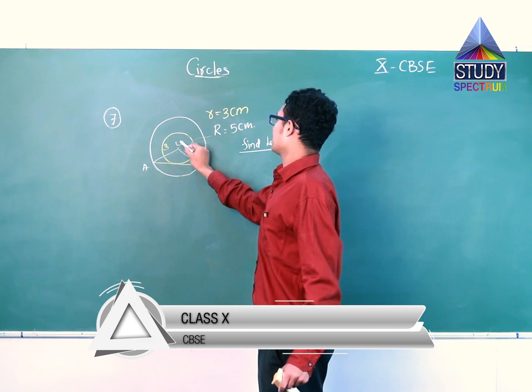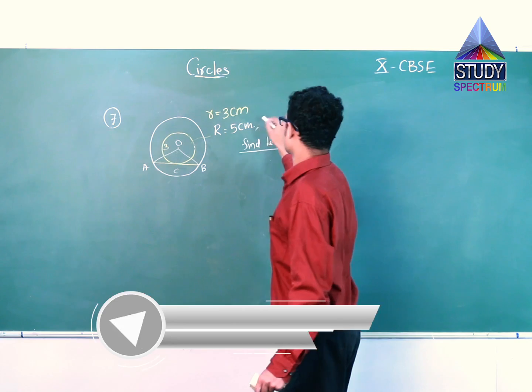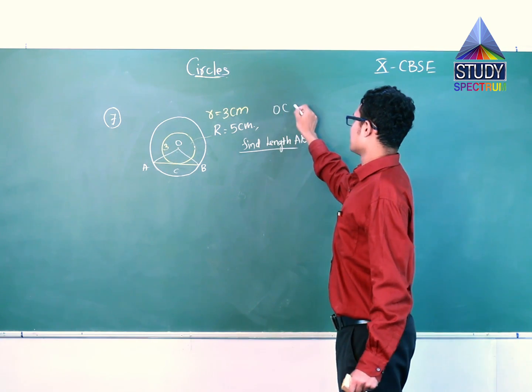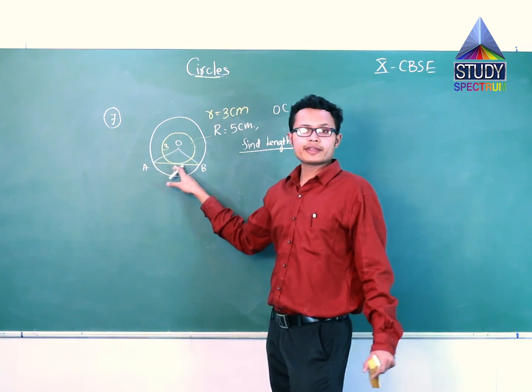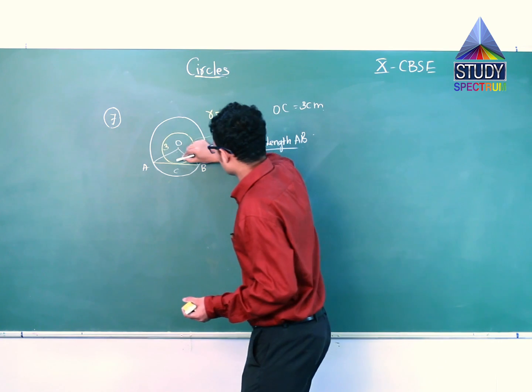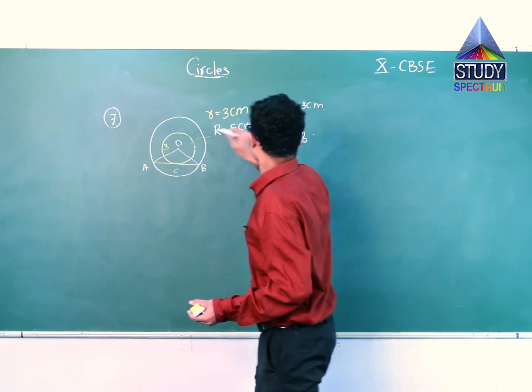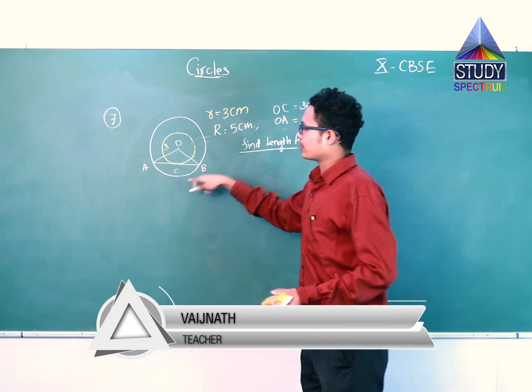If I indicate this by letter O and this by C, OC is 3 centimeters. How? OC is the radius of the smaller circle, and OA is the radius of the bigger circle.